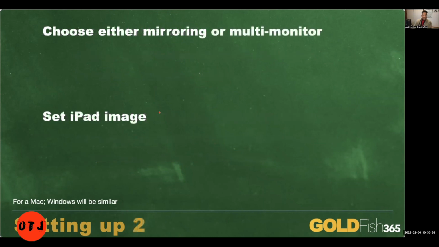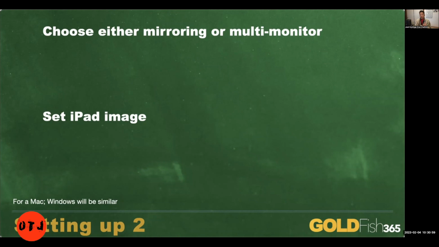Okay, righty. Now, there are two ways to do it. If the computer is doing most of the heavy lifting of connecting to the projector, you can connect it either in mirroring mode, where the image that you see on your computer monitor is the same as you will see on the projector. But I also like to do it in multi-monitor.